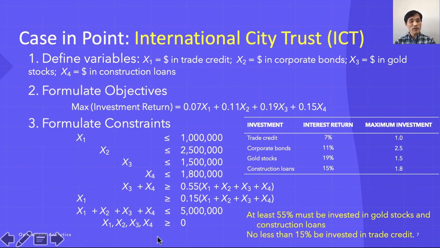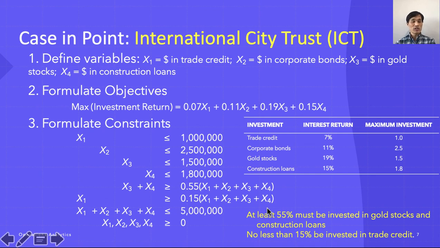And now the next constraint is right here: no less than 15% be invested in trade credit. So X1, the trade credit, has to be at least 15% of the total investment. Students can just drop this X1 to X4 summation part and get a wrong answer later.